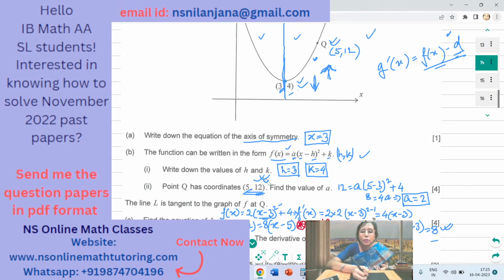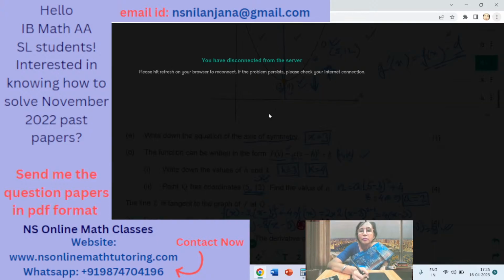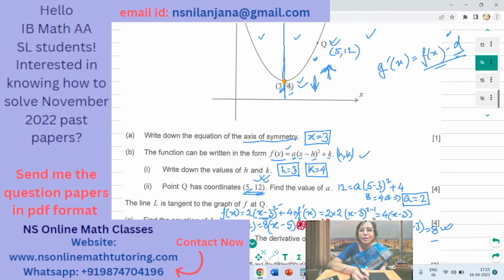The vertex is 3 comma 4, the lowest point of the parabola. If I take the d value equal to 5, then it will be coming down over here.